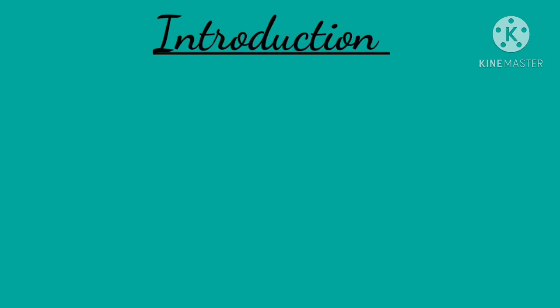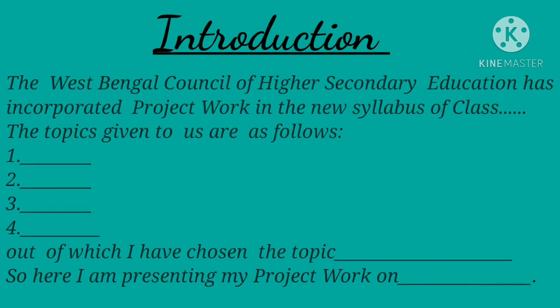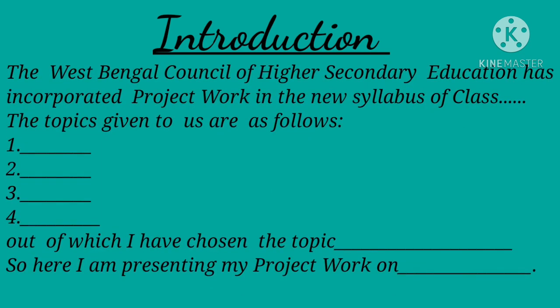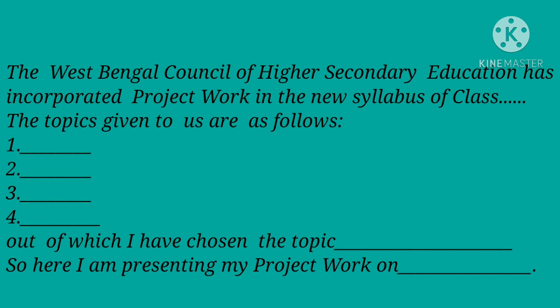West Bengal Council of Higher Secondary Education has included project work in the new syllabus. There are 4 topics in class 12, and you mention the name of those 4 topics that I have given out here. Then you write, I have chosen such and such topic as my project. That could be your introduction, okay? That would suffice.